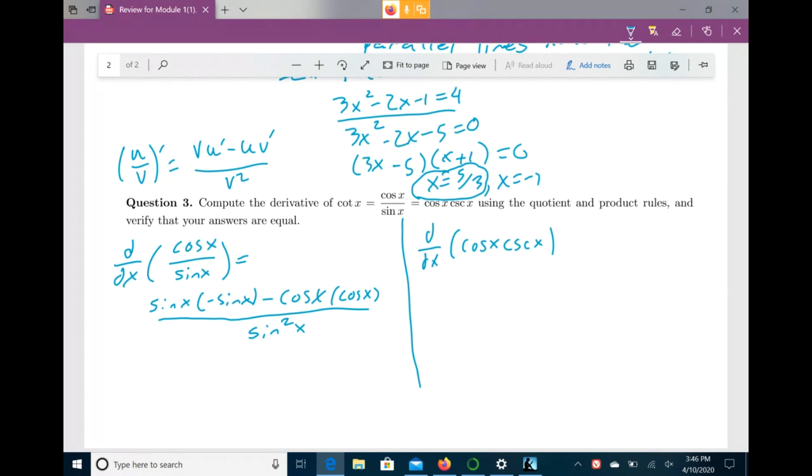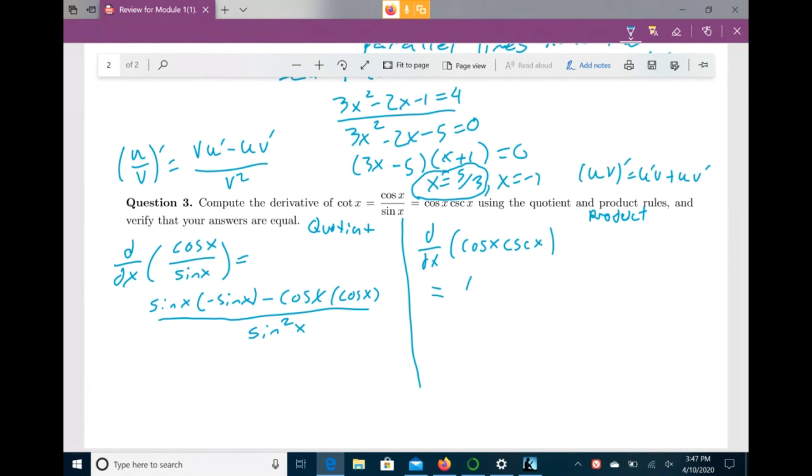So again, here we're using the product rule. So this is the quotient. Here's the product rule. Okay, so the derivative of cosine times cosecant.